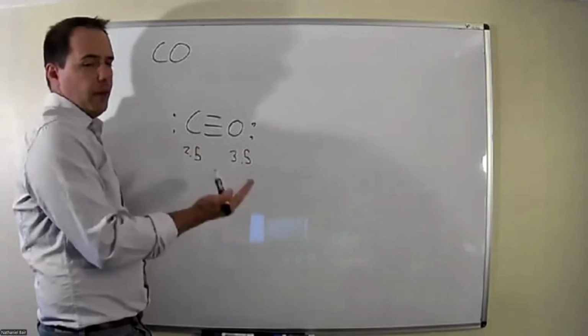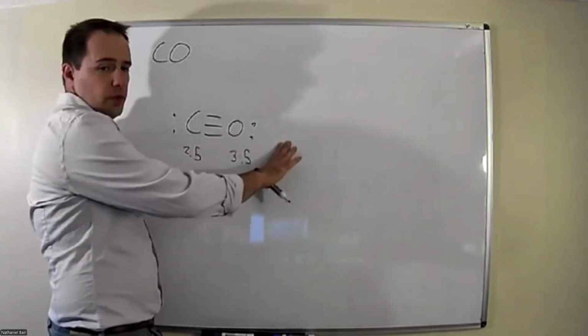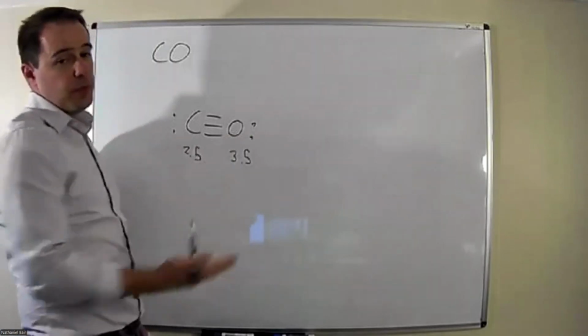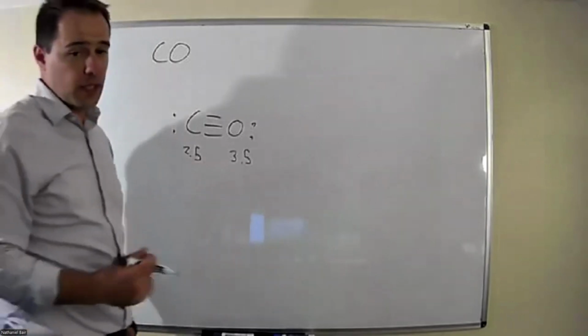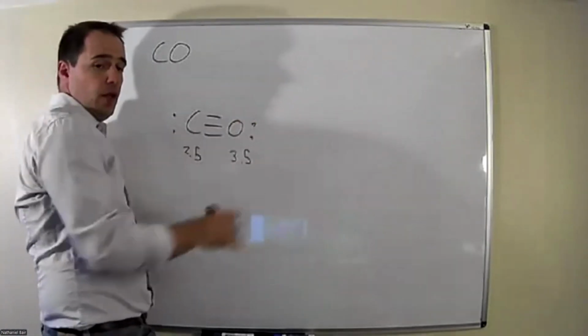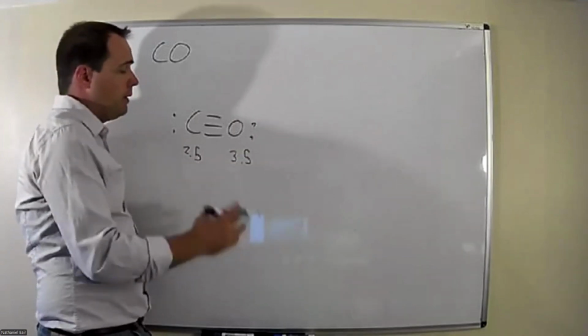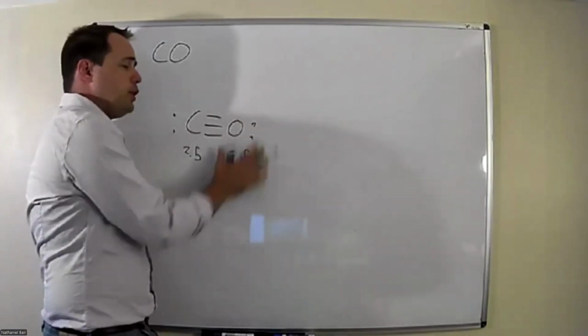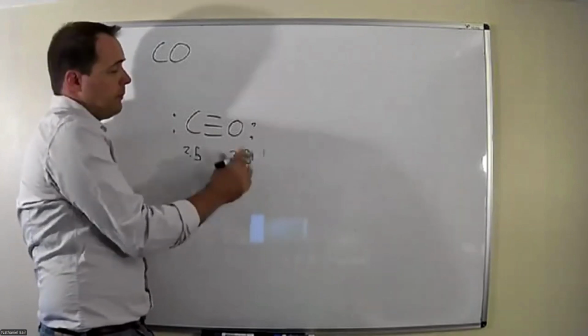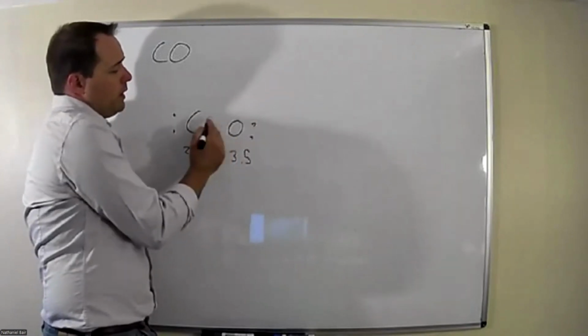So this is a polar bond. Oxygen is going to hog these 6 electrons. It's supposed to be sharing those 6 electrons 50-50. It doesn't. It hogs them. When you have a polar bond, the region with the higher electronegative atom is hogging the electrons.